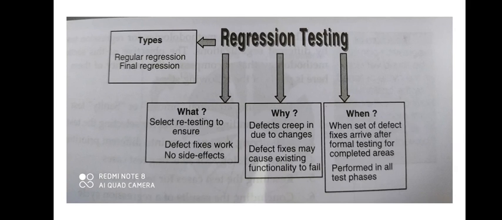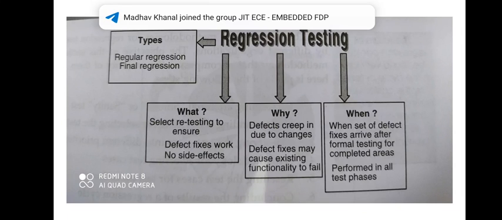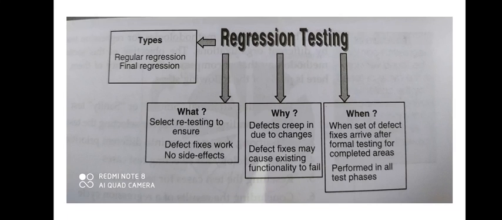This is the main funda of testing. So you have gone through the two types of testing, regular and final. These are basically two basic forms of regression testing. And as I am always saying, each and every kind of thing is combinedly used.